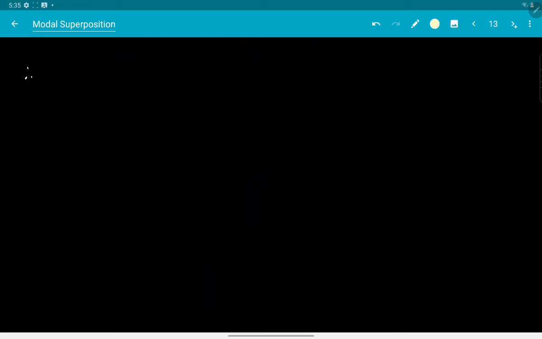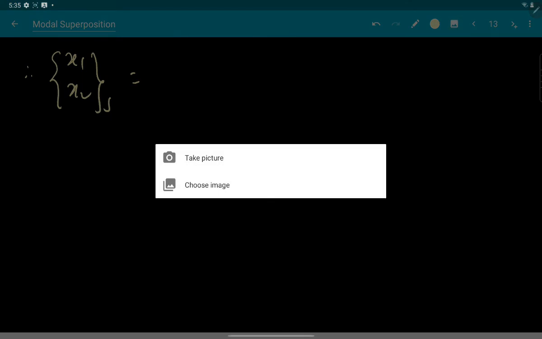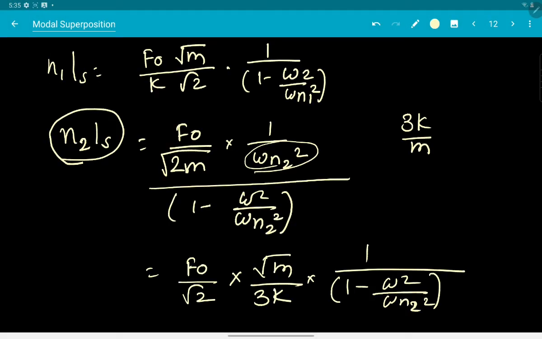And hence your solution, which is the steady state part of the solution, comes out to be equal to a superposition of the two modes with these contribution coefficients. Now I want you to complete this task.